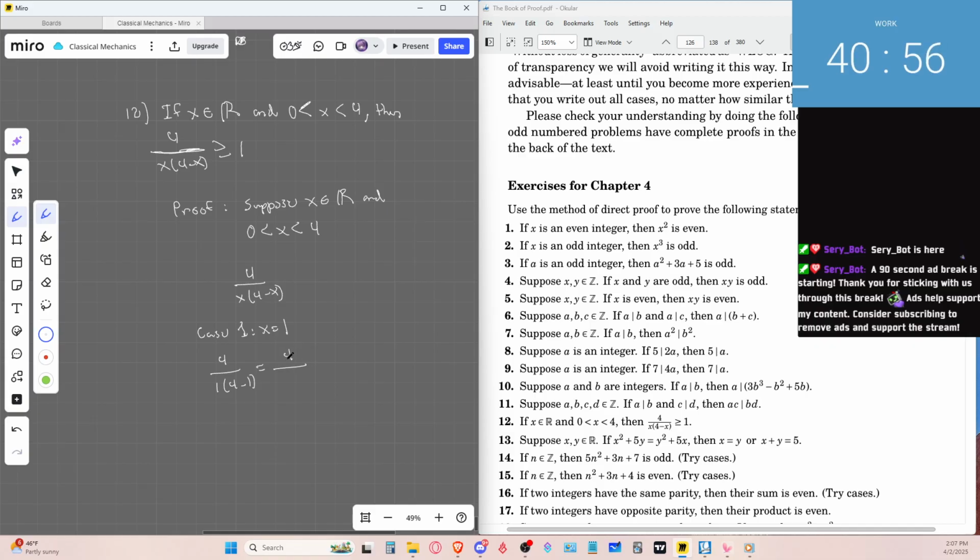Then case 2 where x is equal to 2, then we would have 2 minus 2, we had 4, and that equals 1.